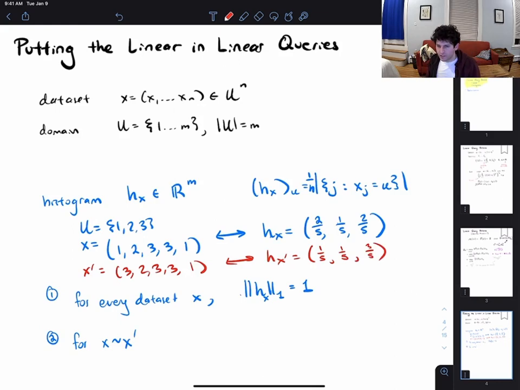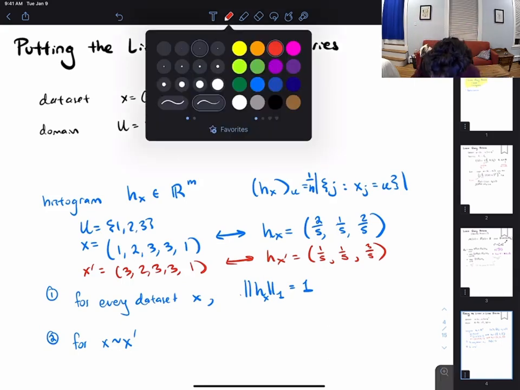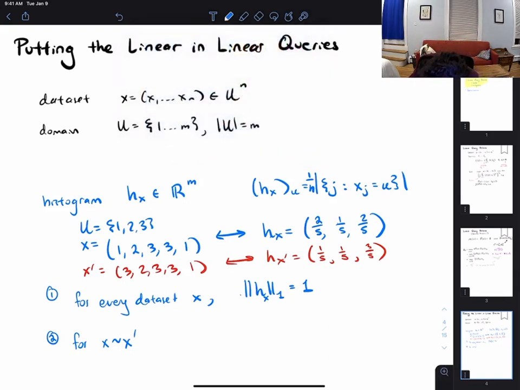So if I look at the difference between these two vectors, there's one entry where I subtracted 1 over n, and another entry where I added 1 over n. So that means that the difference between the two histograms in the L1 norm is at most 2 over n.